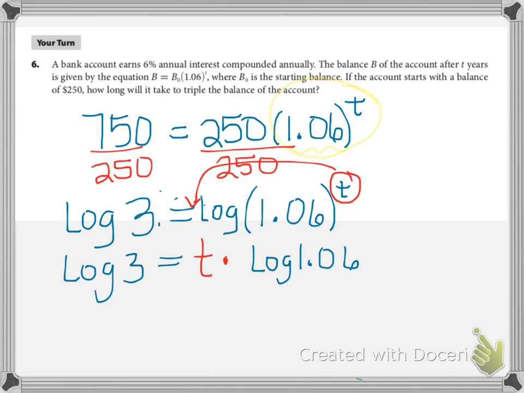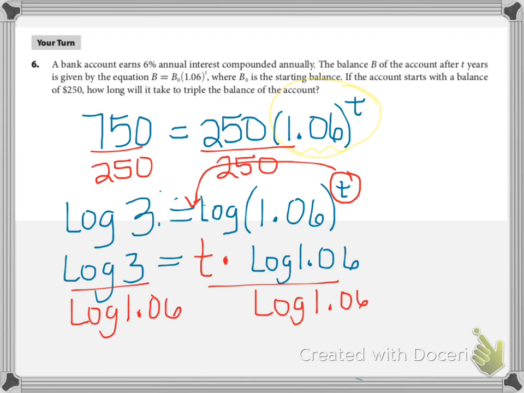Now, if we wanted to solve for t, we've turned this into multiplication, so we can easily undo multiplying with dividing, and we can simply divide both sides by the log of 1.06 and type that right in our calculator, because of course this is log base 10 that we're using.